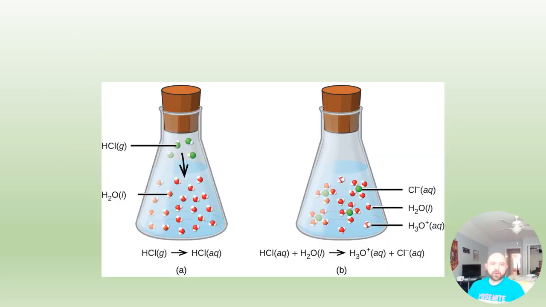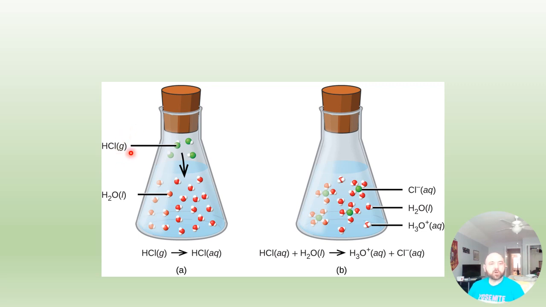Here we have a diagram of how quite possibly the most common acid, hydrochloric acid, is formed. We see on the left-hand side there the hydrochloric or HCl compound. If it is pure, it is just a gaseous substance with hydrogen bonded to a chlorine atom.